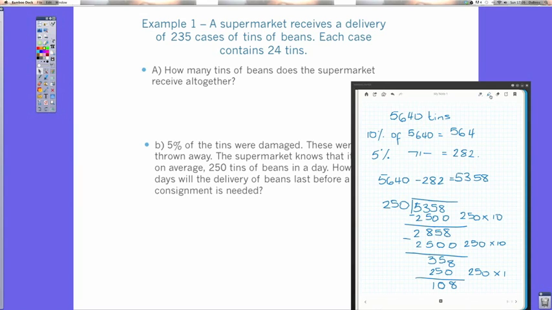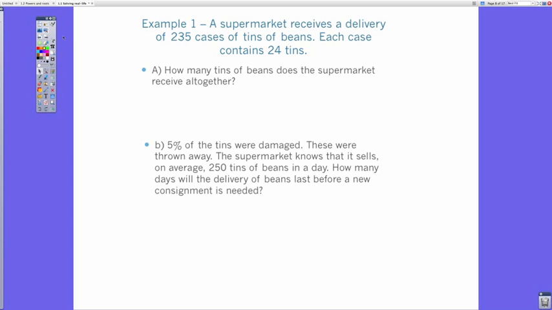If I just have a look at my numbers, so I've got 10 lots of 250, another 10, and one lot of 250. So in total, I have got 21 lots of 250. Okay, so they have about 21 days worth of tins before they will need to have a new consignment.